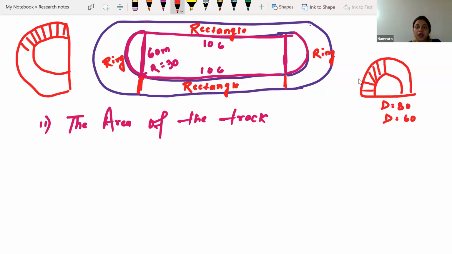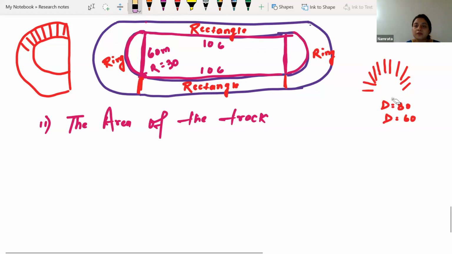Can anybody tell me how to find the area of this portion only? The ring one. Let's say we are removing this part also. Okay, it is not possible. So how do we find the area of this ring kind of structure?